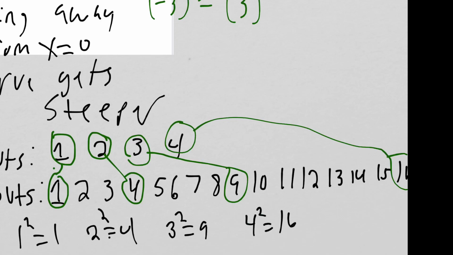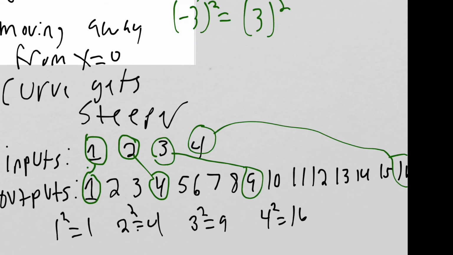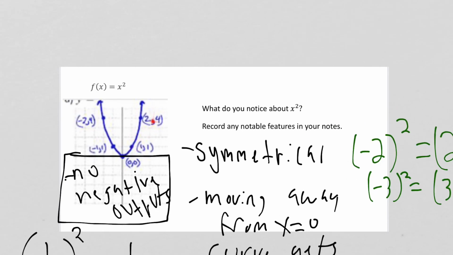So what you should notice is, as we are increasing our inputs by 1, our outputs are getting more spread out. So as we increase our inputs by 1, our outputs are becoming more spread out, which is creating a steeper function.